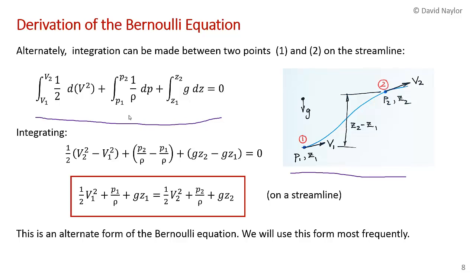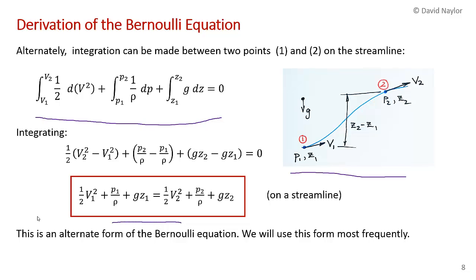And so when we perform this integration, we get 1/2 (v2 squared minus v1 squared), p2 upon rho minus p1 upon rho, and then g z2 minus g z1. And you can bring all of the terms involving point 1 over to the left-hand side, and all of the terms involving point 2 over to the right-hand side, and you get this equation.